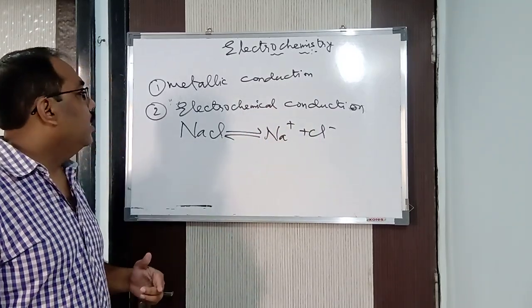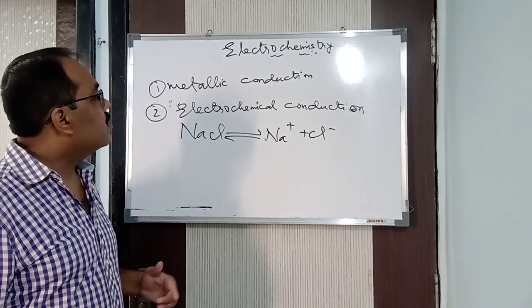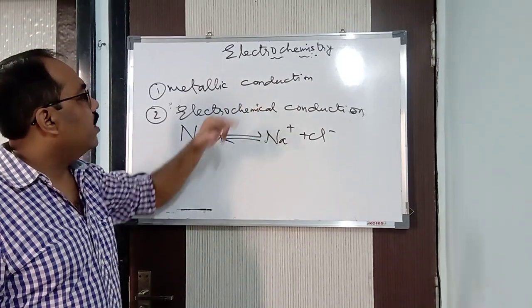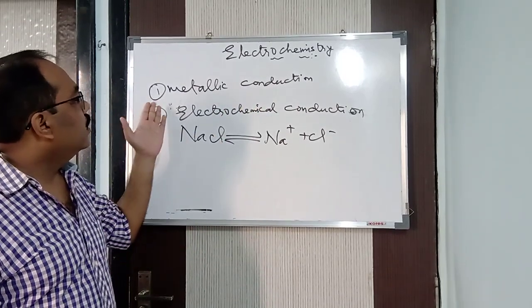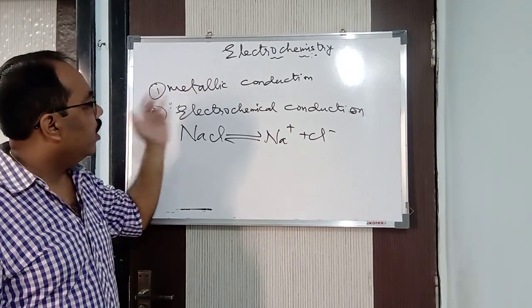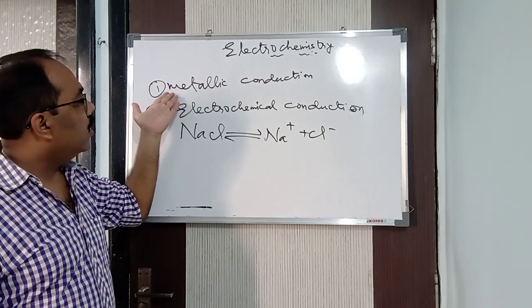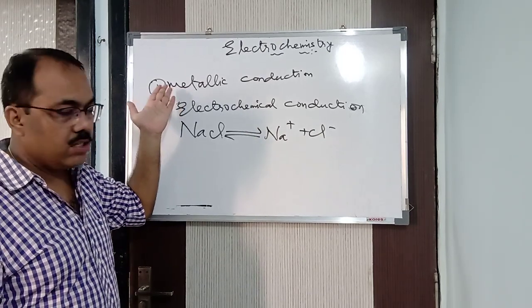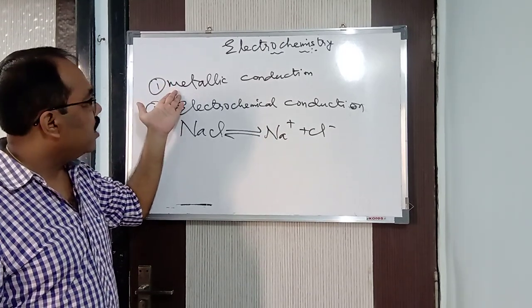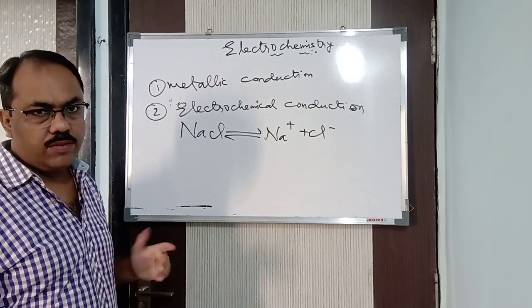Now, next is metallic conduction. As I said, it is taking place with the help of free electrons, and electrochemical conduction by the free ions. Here a chemical reaction does not take place; only the physical conditions change.